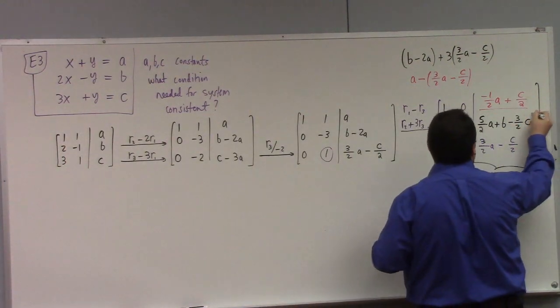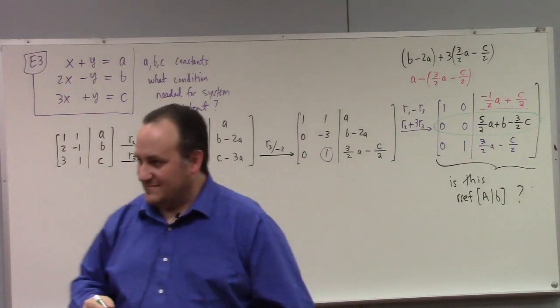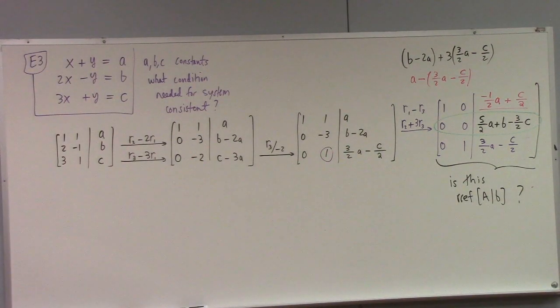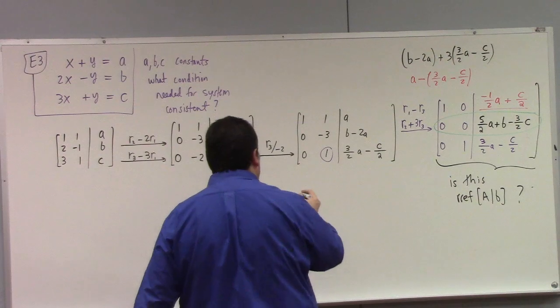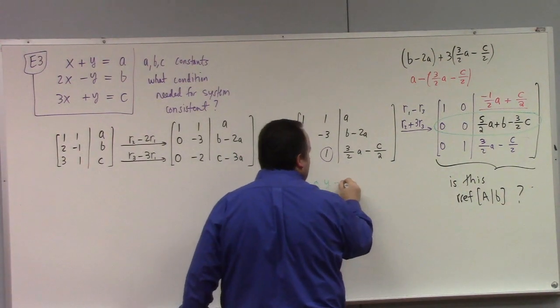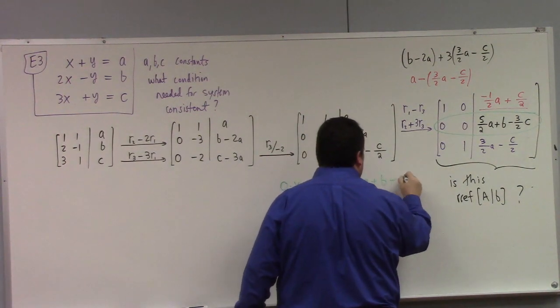This guy right here. What does this mean as an equation? Remember, the row operations give us equivalent systems, which have the same solution. So that middle equation tells us that 0 times x plus 0 times y is equal to 5 halves a plus b minus 3 halves c.